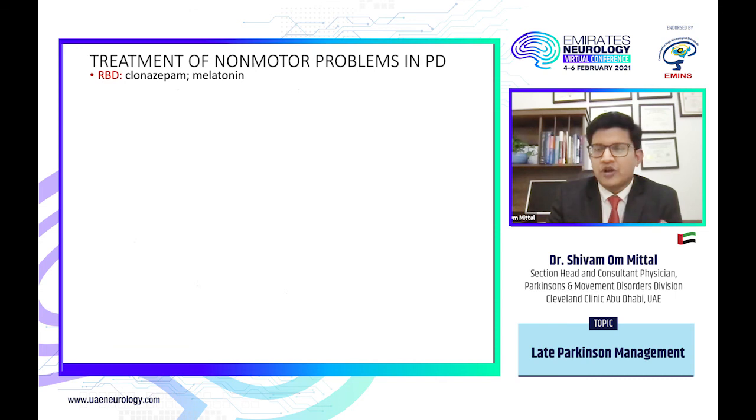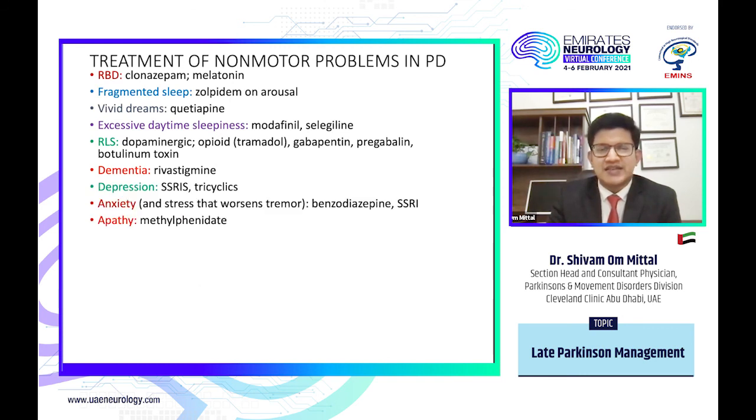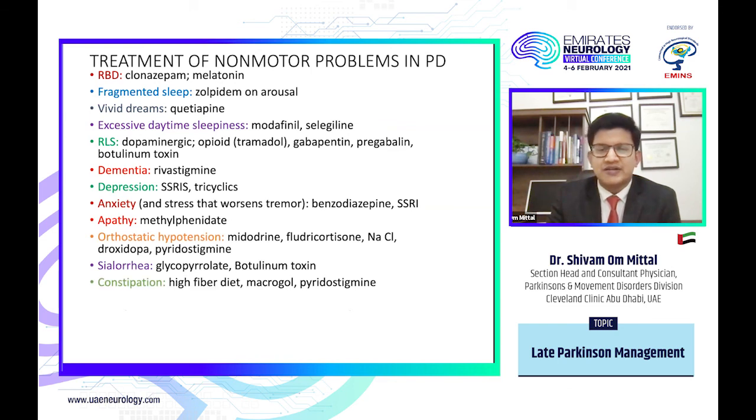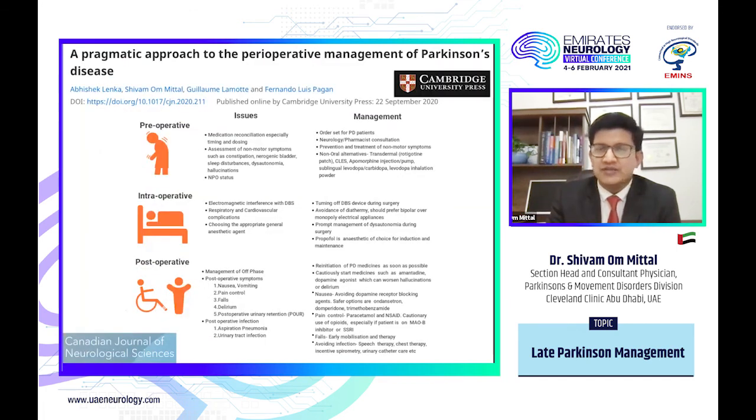Symptomatic management of non-motor symptoms is very crucial in these patients, looking at REM behavior disorder, fragmented sleep, vivid dreams, excessive daytime sleepiness, restless leg syndrome, dementia, depression, anxiety symptoms, apathy, orthostatic hypotension, sialorrhea, constipation, erectile dysfunction, hallucinations, psychosis, impulse control disorders, and many more.